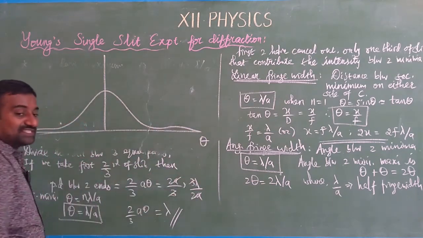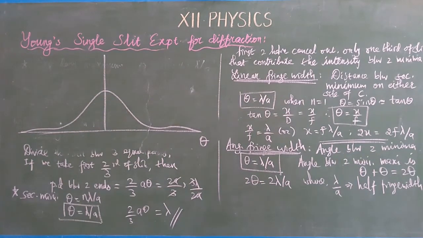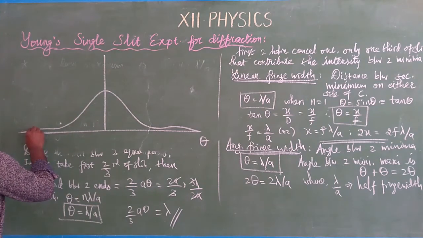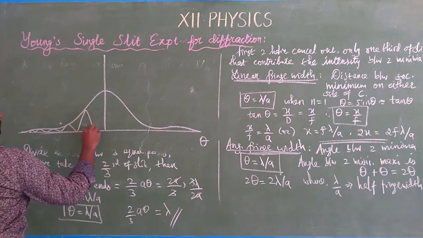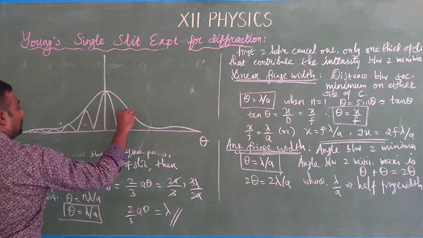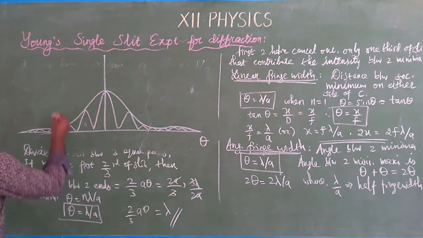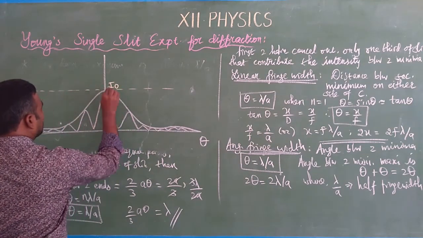This is from the single slit observations. And for a double slit, we'll have it like this. At the center it has a maximum intensity, so this is I naught at maximum.